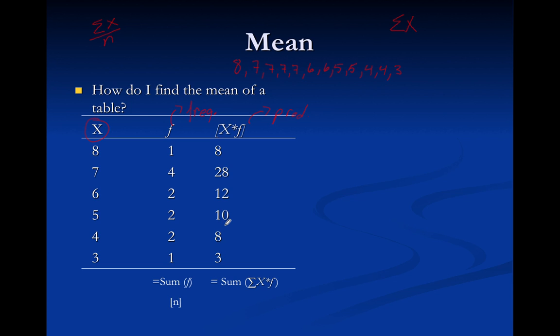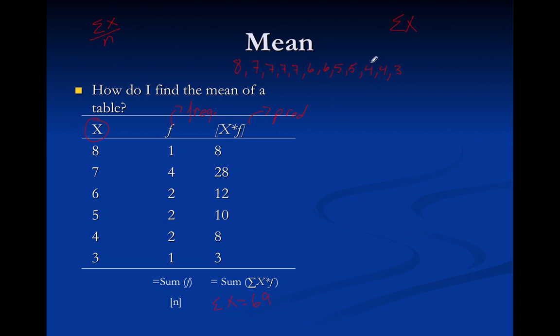So if you go ahead and sum those up for me, please, I'll give you a minute to try to do that. So again, get your calculators out. 8 plus 28 plus 12 plus 10 plus 8 plus 3 should give us a sum of x equal to 69.